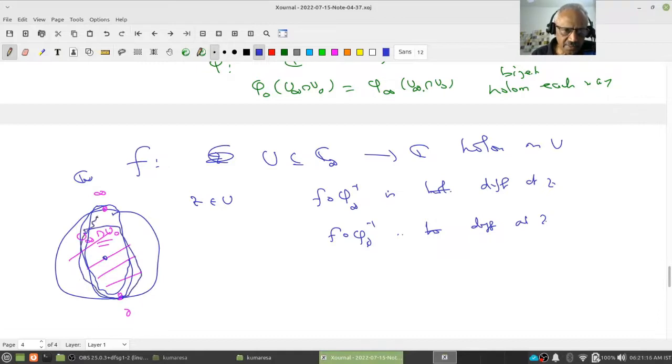Everything is there. You understand that? So differentiability of the function f at z is independent of whether you are checking it via f composite phi infinity inverse or f composite phi 0 inverse. This is what we did.